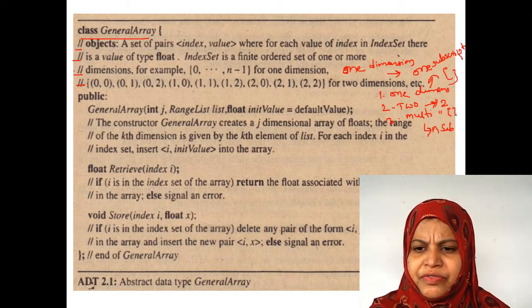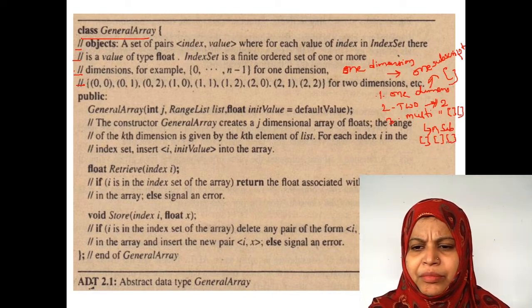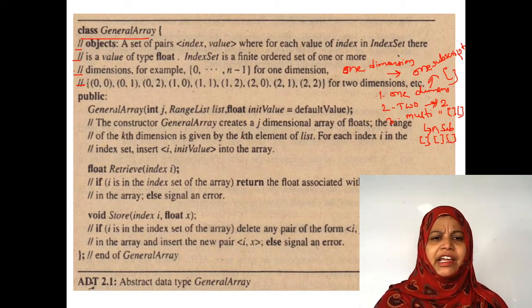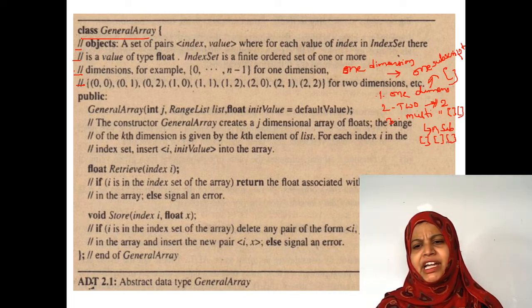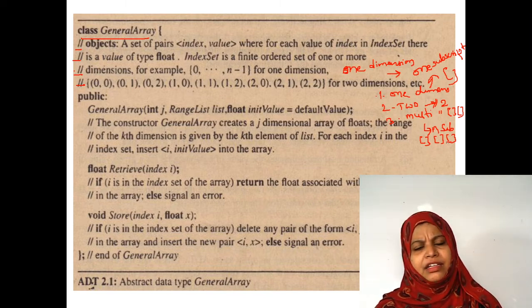Two subscripts means we are going to use two indexes. Multi means we are going to use more subscripts, right? Here we can implement the array ADT, abstract data type, on a one dimensional array, two dimensional array, or multi-dimensional array.